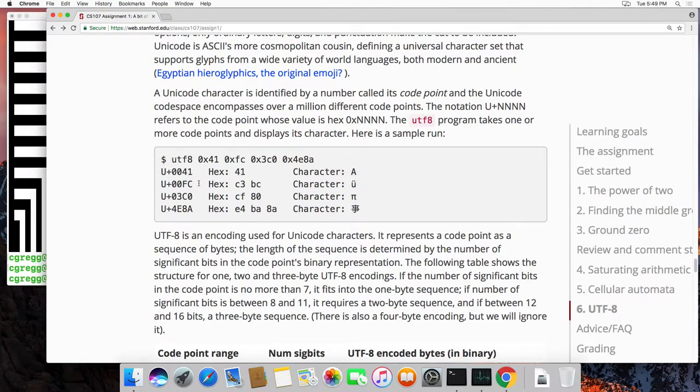But let's say we want a U with an umlaut over it. That happens to be 0xFC in UTF-8, and that's represented by 2 bytes, as it turns out. FC will actually become 2 bytes that have a particular encoding that we're going to talk about in a minute, and that encoding is how it is actually represented in UTF code point format.